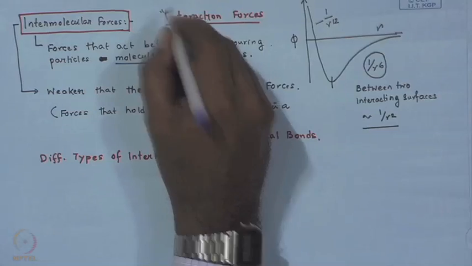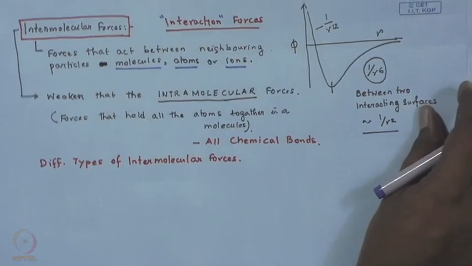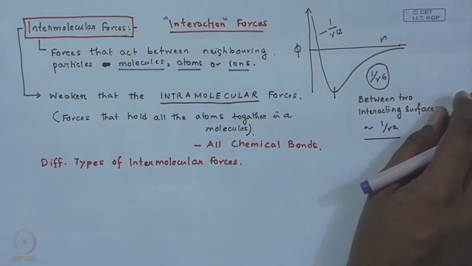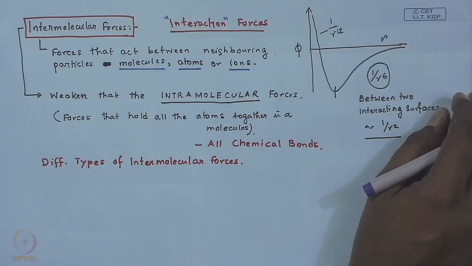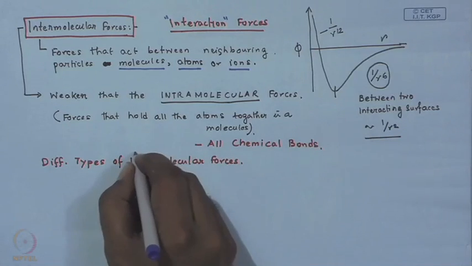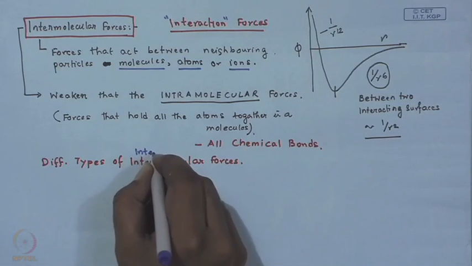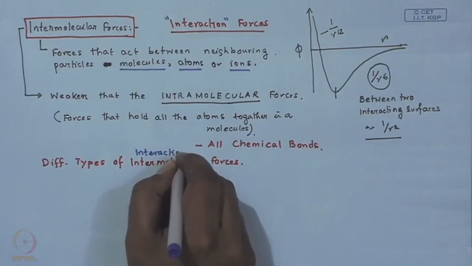I would prefer in many cases to talk about the so called interaction forces rather than intermolecular forces. The other important reason why interaction forces is a better terminology is that soon we will talk about interaction between surfaces.